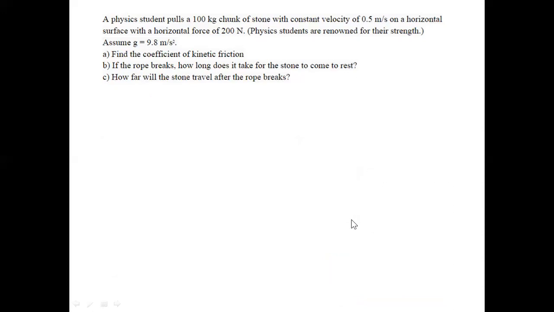Now for letter C, how far will the stone travel after the rope breaks? Now we're going to use this formula in kinematics: distance is equal to initial velocity times time plus half of acceleration times time squared, or acceleration times time squared all over 2.